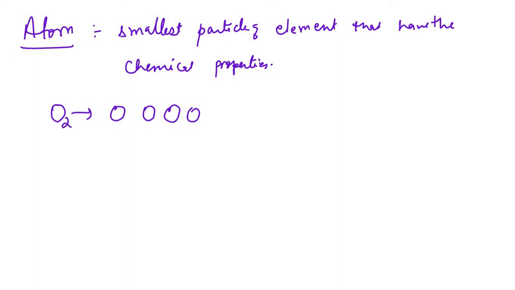Whenever there are oxygen atoms, they combine and form oxygen molecules, which we are going to talk about now. So is it clear for now that the smallest particle of an element which has the same chemical property is called an atom? If you talk about only an oxygen atom, it is responsible for making the element oxygen. So there are some elements which are monoatomic.